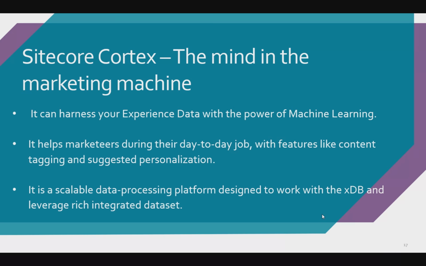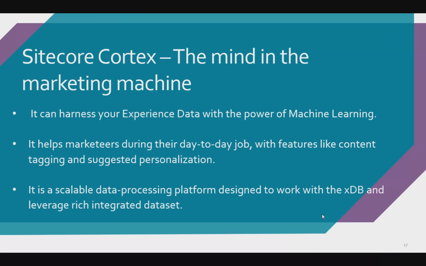And it is a scalable data processing platform designed to work with XDB, and it can leverage rich integrated data sets. So in the next few sections, I'm going to go deep into three of these features, which are content tagging, suggested personalization, and predictive outcome, and see what is available now.